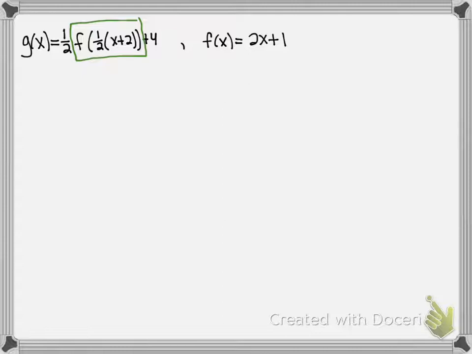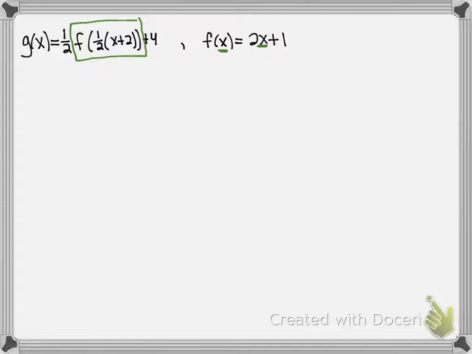So like we did in section 1.4, we're just going to evaluate this just like we would for a function composition. And what we're going to do is, in the expression for f of x on the right, notice we're going to replace this x on the left with 1/2 times x plus 2, so we're going to replace this x on the right as well with 1/2 times x plus 2.